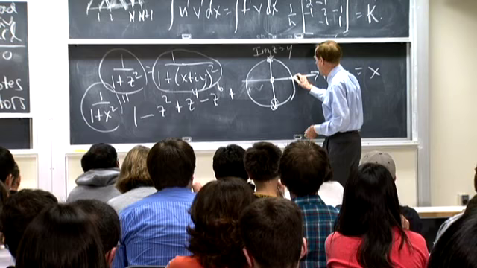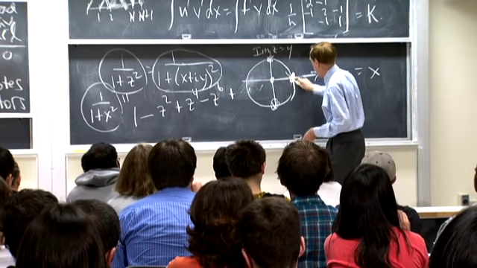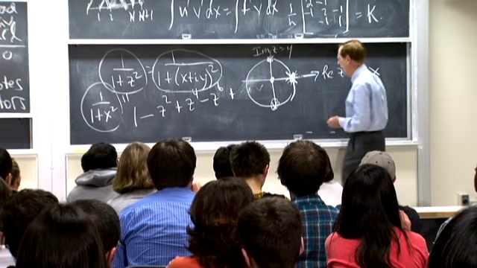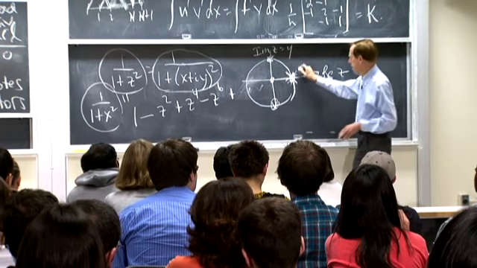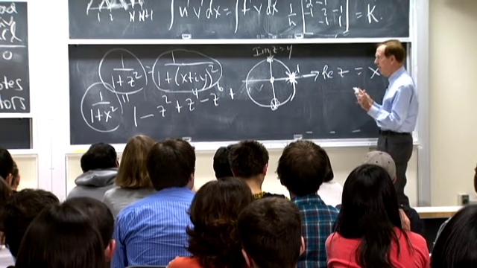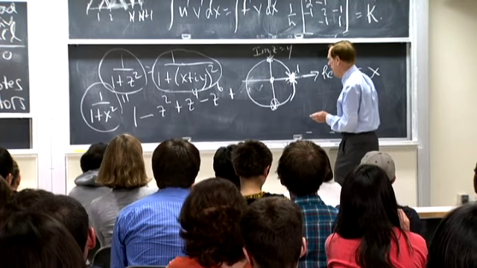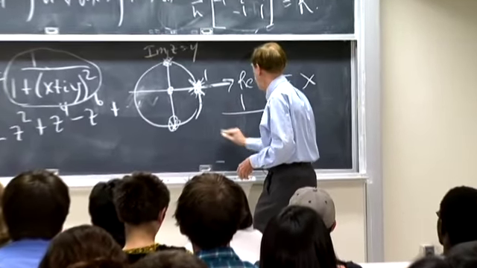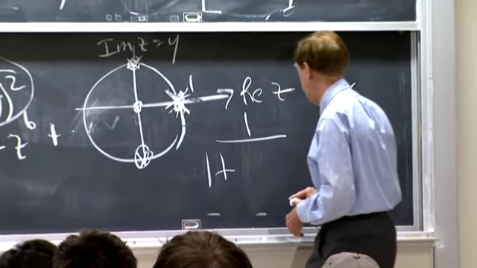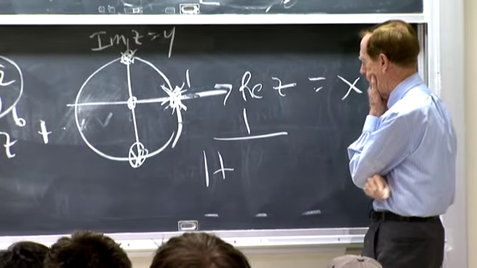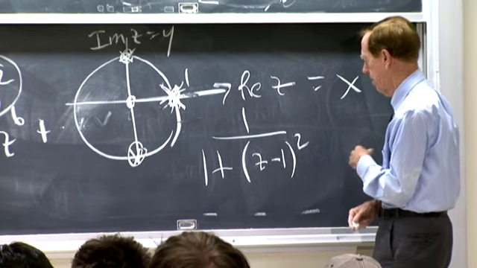By the way, let me ask you a question. Suppose I instead did the Taylor series around this point, the point 1, let's say. What do I mean by the Taylor series around 1? I want the function in powers of z minus 1.